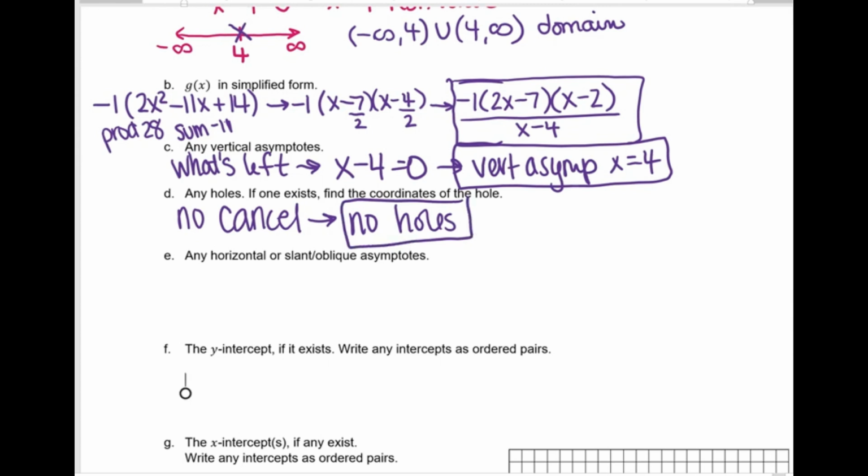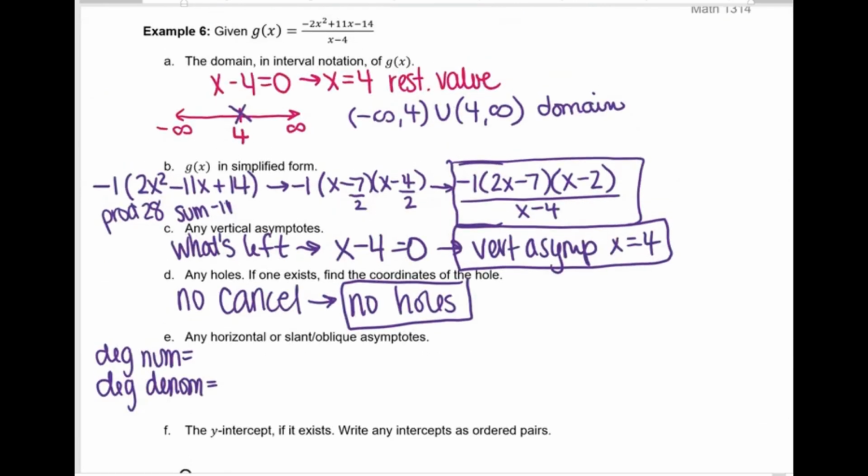Okay. Slant or oblique asymptotes. Remember, when we're doing these, we need to find the degree of the numerator and the degree of the denominator. Because nothing canceled, it may be quicker for you to look at the original unfactored form to find the degrees.